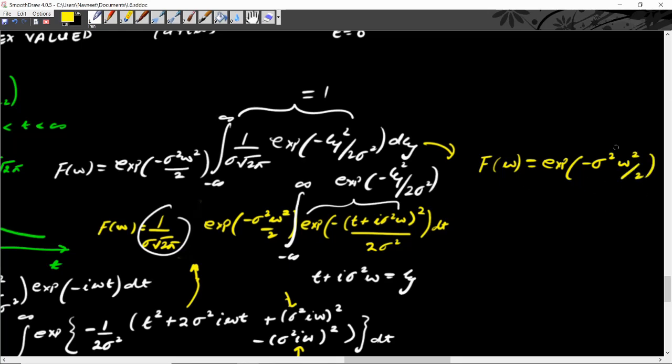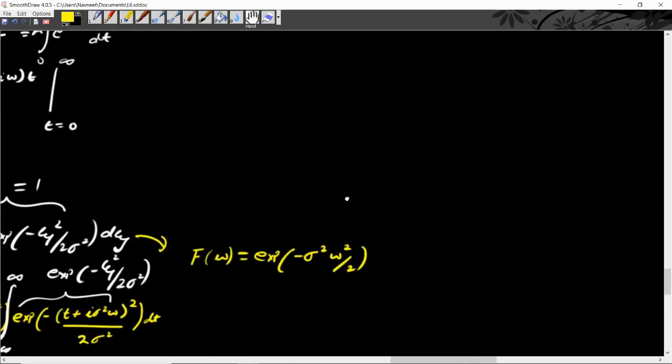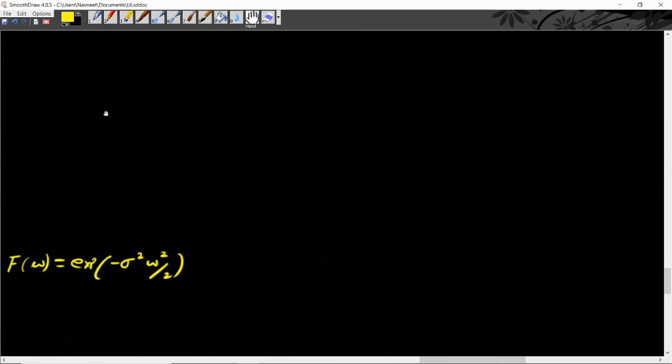And this function is itself another Gaussian, but with a different standard deviation or width. So let's look at the plot of our original function and its Fourier transform. So our original function was this.